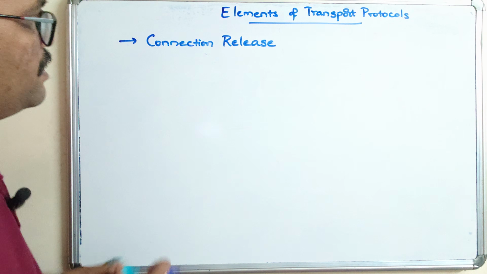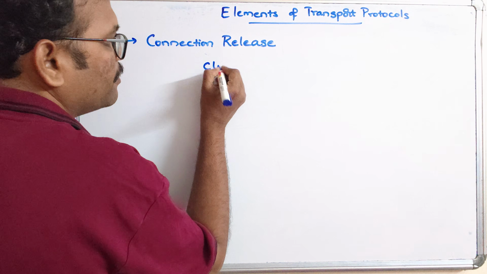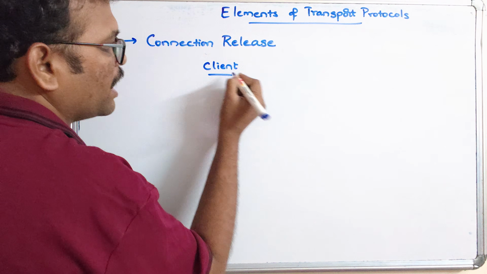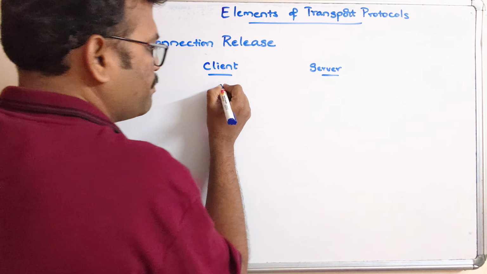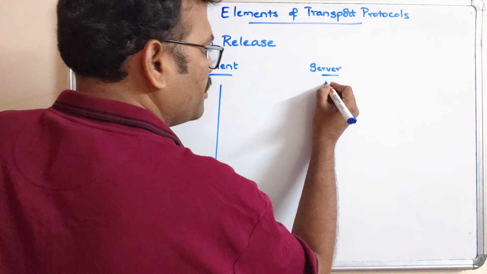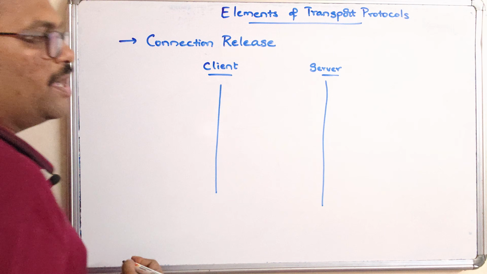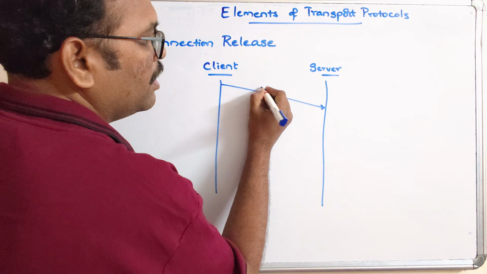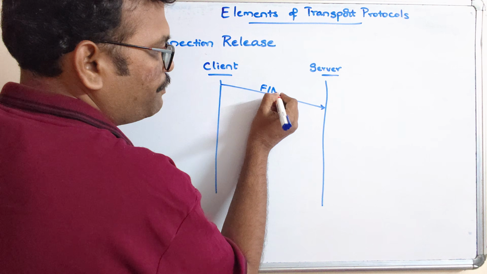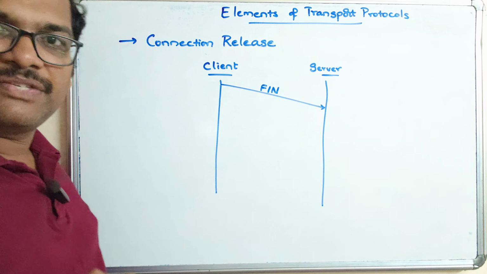So how it will be released? Similar to our connection establishment, there will be a client and there will be a server, and there is a timestamp. Okay, so first the client will be sending a message to the server with a message called fin. Fin stands for finish.